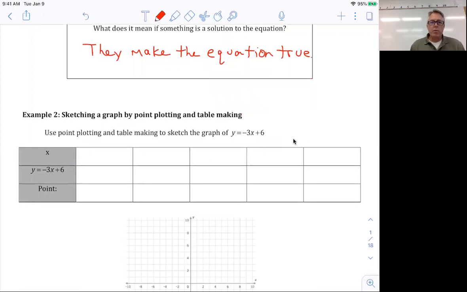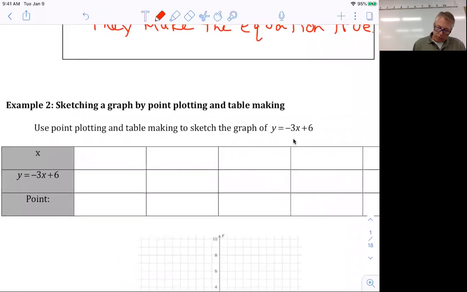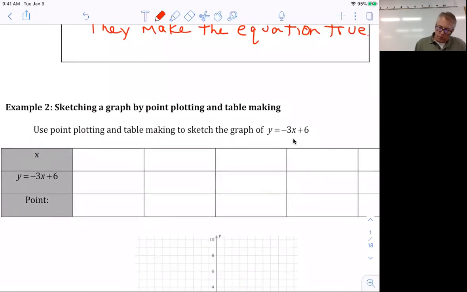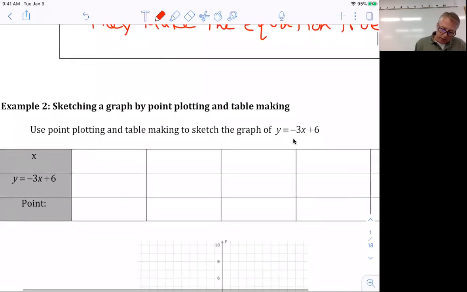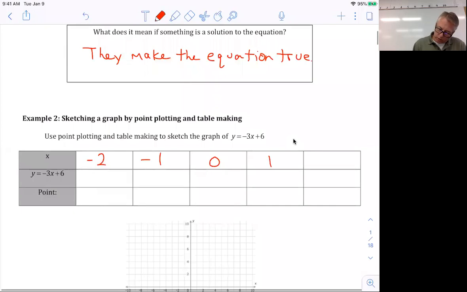So for problem 2, if we want to use this equation here, we're just going to make an x-y chart. We're going to plug in values for x, and we can choose anything we want. We typically want to choose some negatives and some positives. So I'll do -2, -1, 0, 1, and 2.